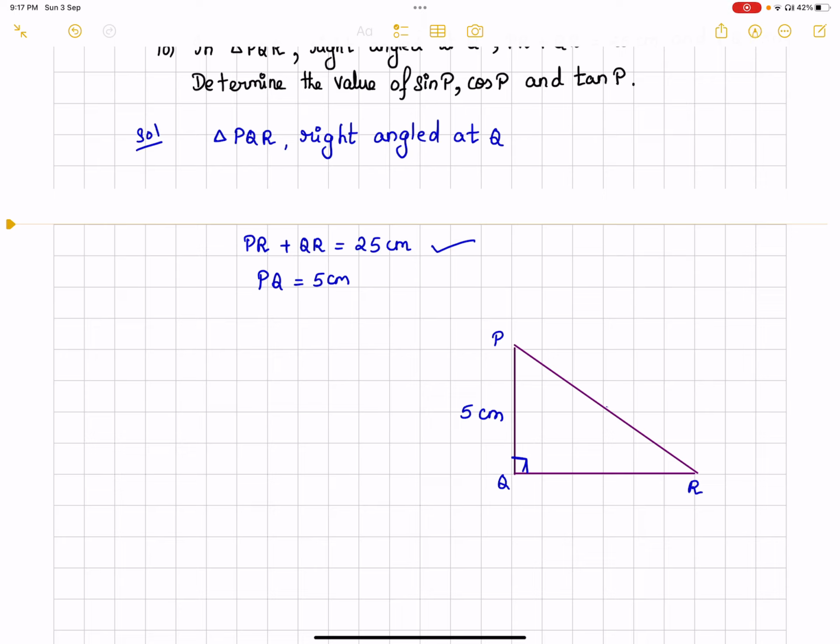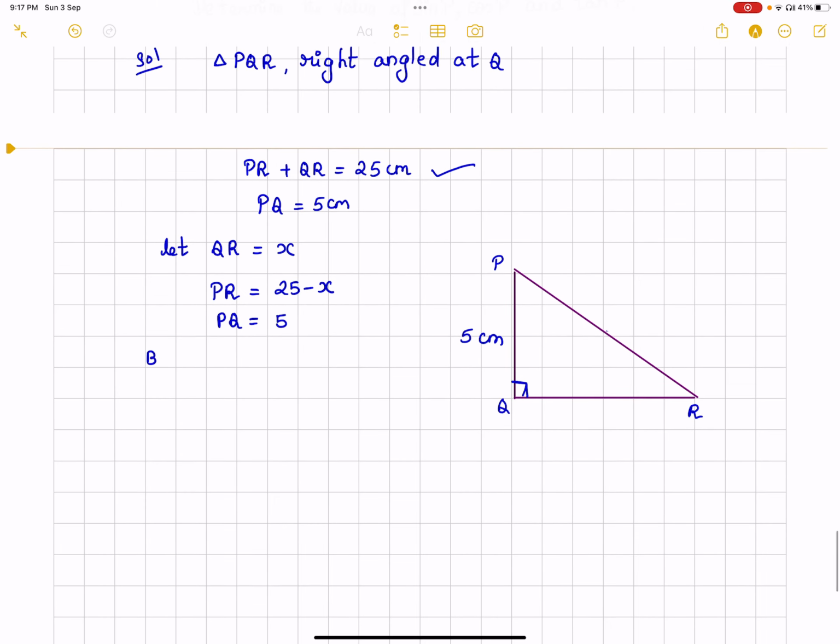They said PR plus QR is 25. So let QR be equal to x. In that case, PR is going to be 25 minus x, and PQ is given as 5.